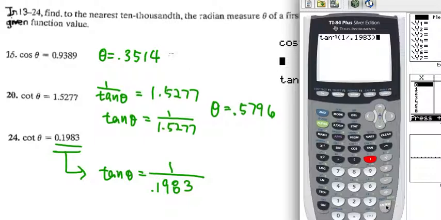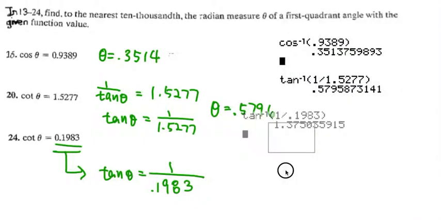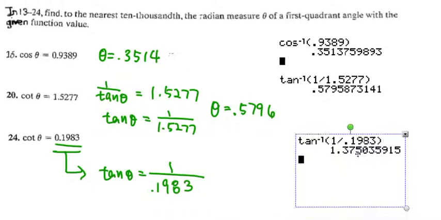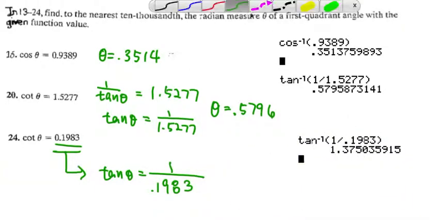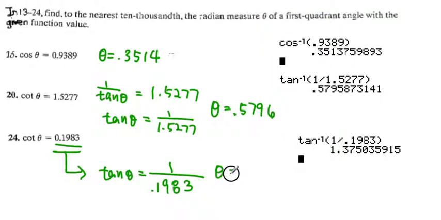Close the parentheses, and we end up getting that value. So there we have it. Theta is equal to 1.3750 in this case.